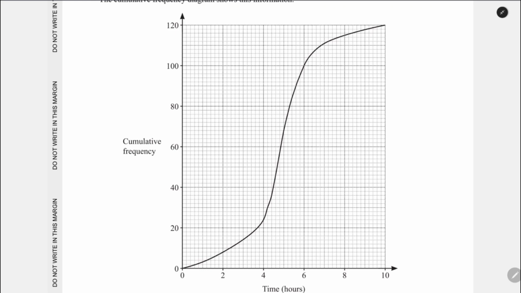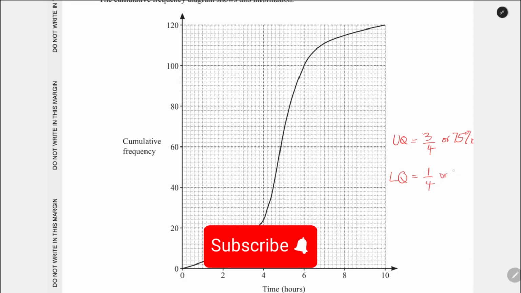Your upper quartile is 3/4 or 75%. And your lower quartile is 1/4 or 25%.